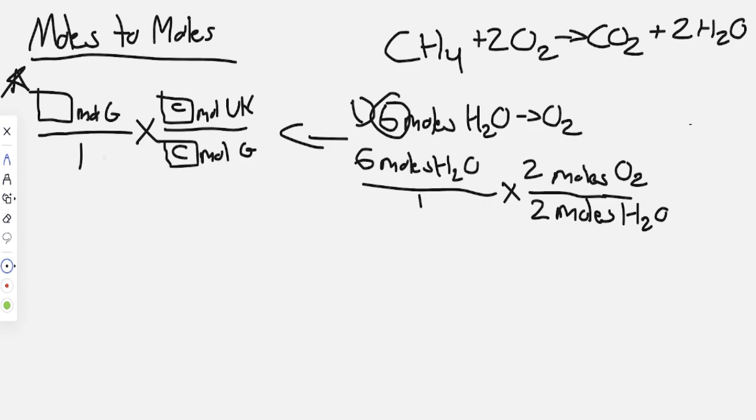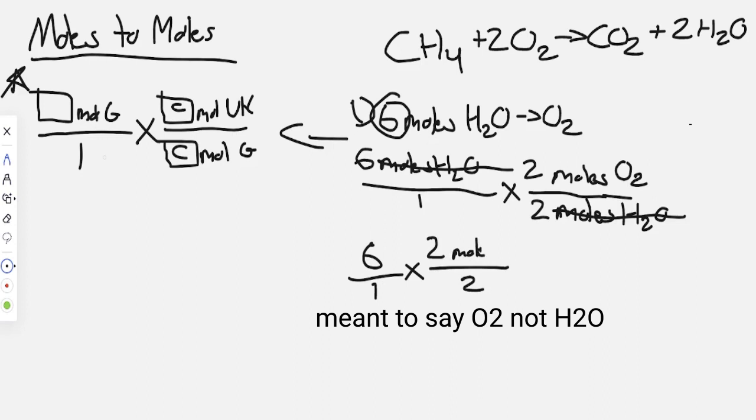So we can start canceling out. We can cancel out moles of H2O with moles of H2O. Now we're left with 6 over 1 times 2 moles of O2 over 2.